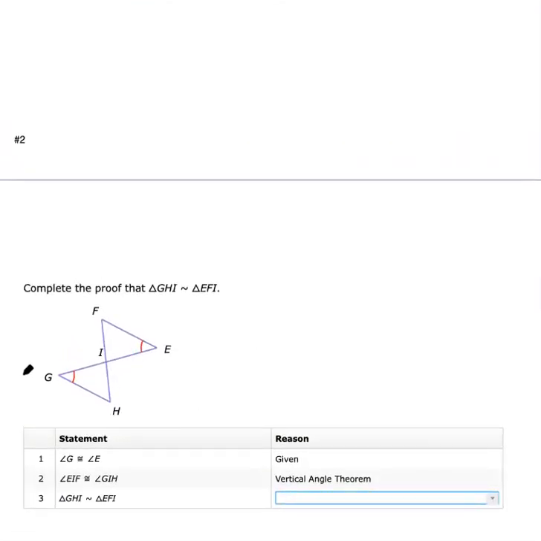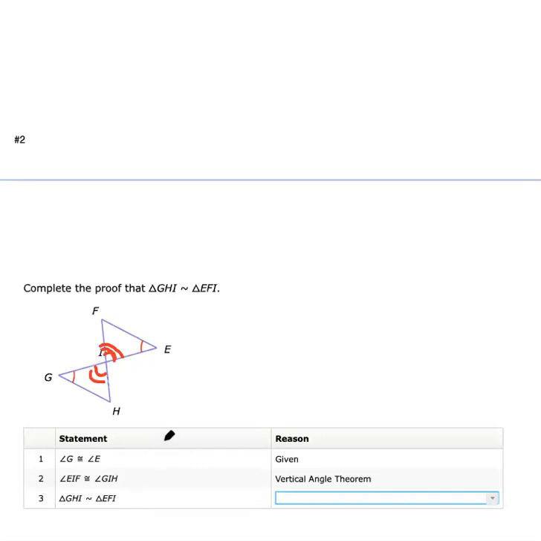All right, this next one here: complete the proof that GHI is similar to EFI. Okay, and the given is here, these two marks. So G is going to be congruent to E, and then by the vertical angles theorem, I is going to be equal to I. So this I on this side and that I on that side. Let me make a little bit different symbol than the others there for G and E, make sure to discern the difference between those two.